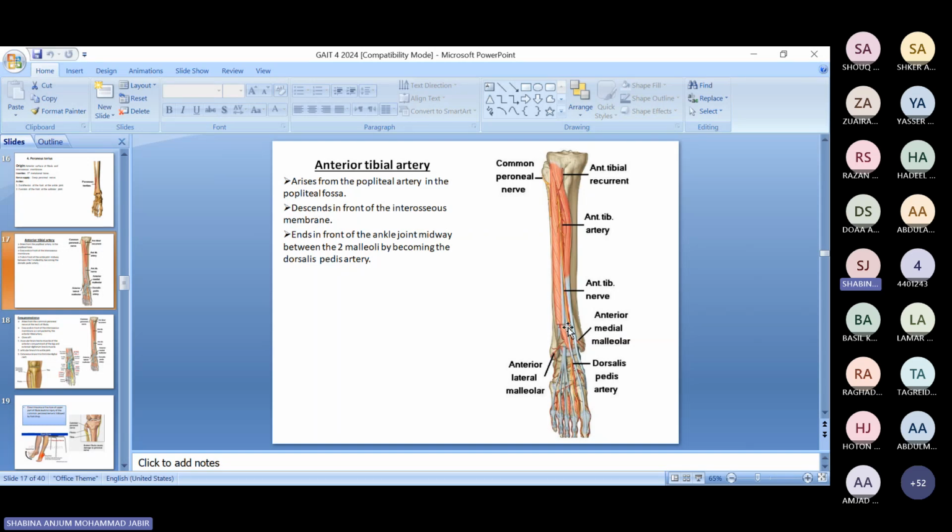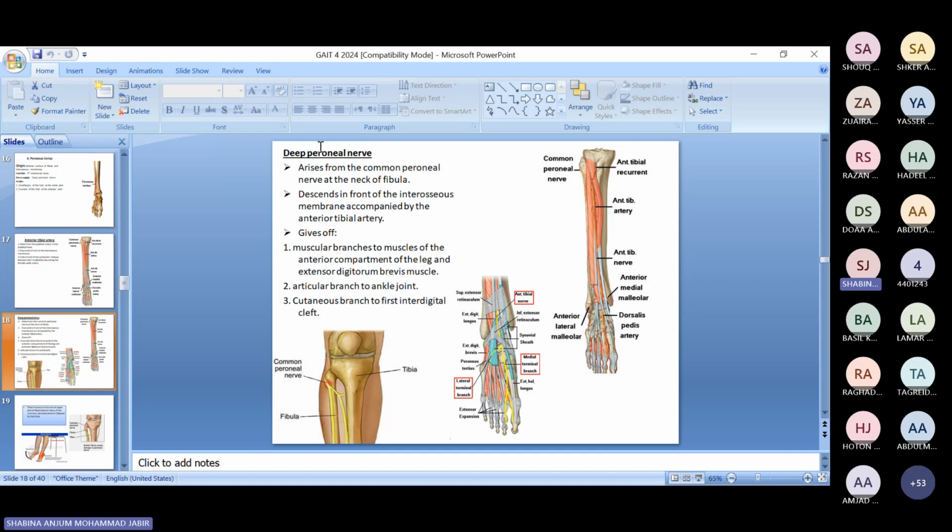Here it becomes the dorsalis pedis artery, between the two malleoli. Can you see? It is present between the tendons of the hallucis and digitorum. You can even feel this pulsation in yourself. In the lower limb, if you have to feel pulsation, you can feel it from here, from the dorsalis pedis artery.